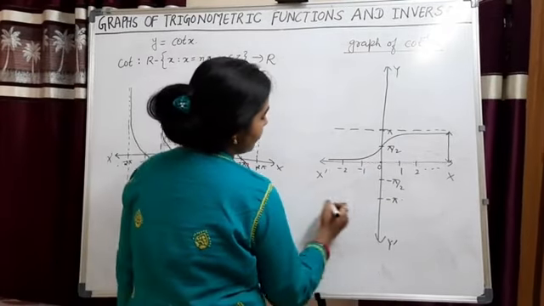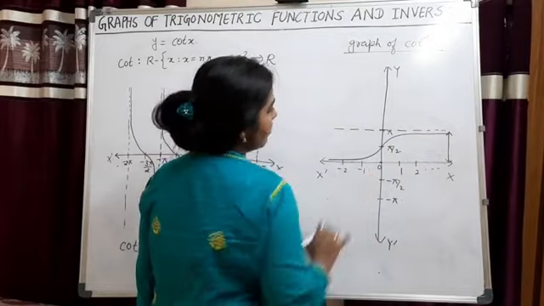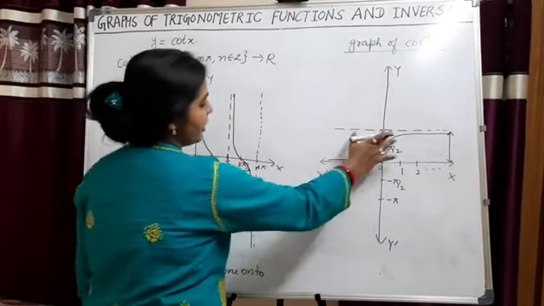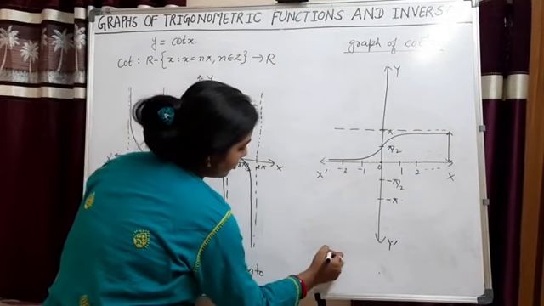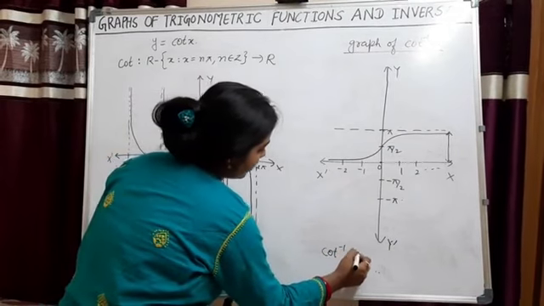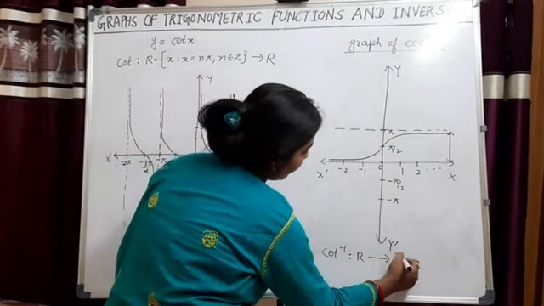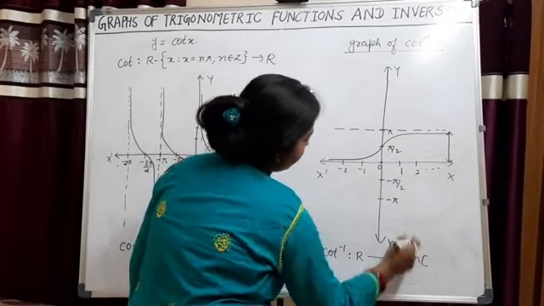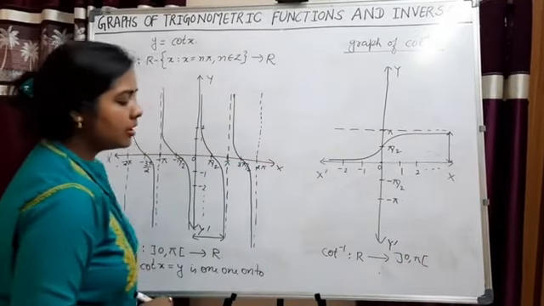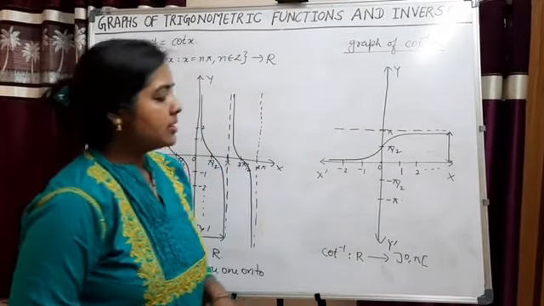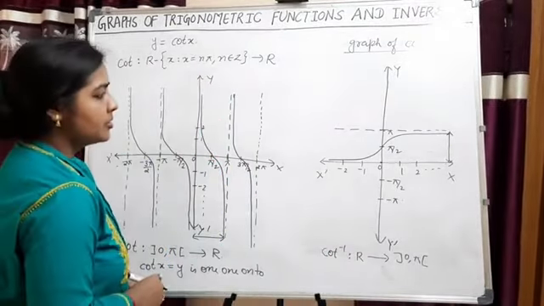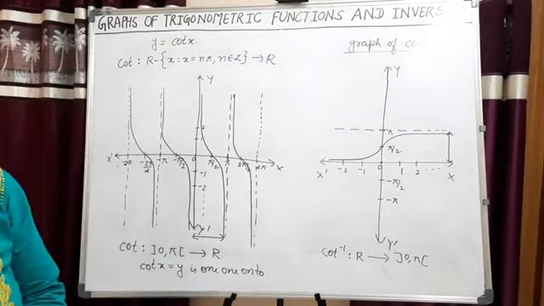Here also if you want to draw, but we can take only one interval, this branch only. So I am writing here cot inverse from all real numbers to the open interval 0 to pi, meaning in this interval we can get all real numbers. So this is the cot inverse x graph.